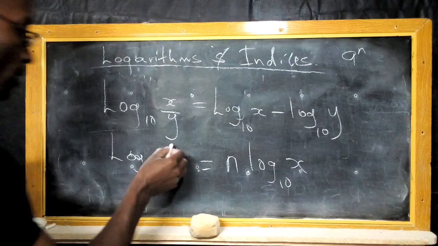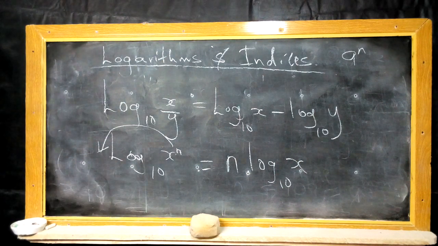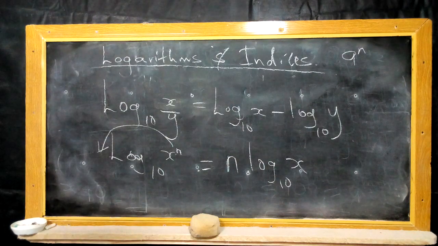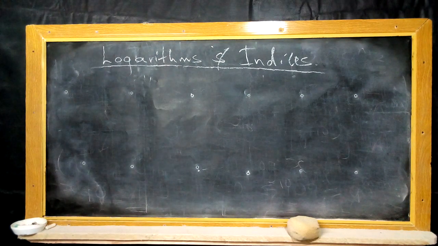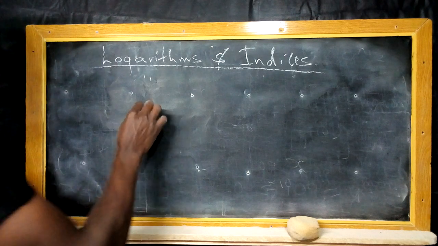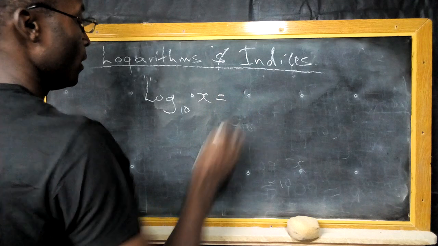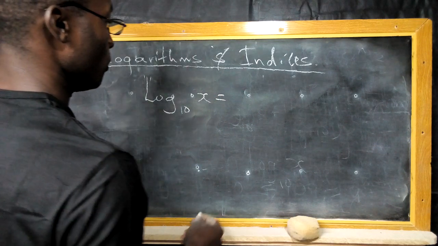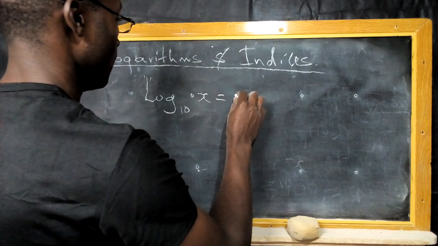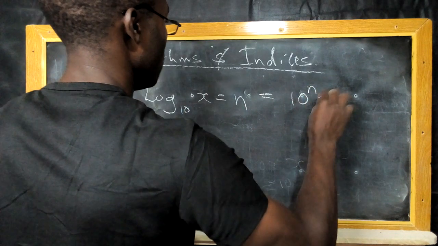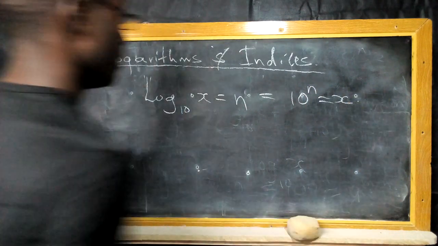Which means we have taken the power to the other side. As we have considered log to base 10 of maybe x, we said it is equal to a particular number like n, and we said that this one can be given as 10 raised to power n is equal to x.